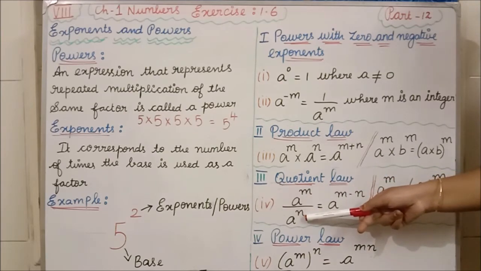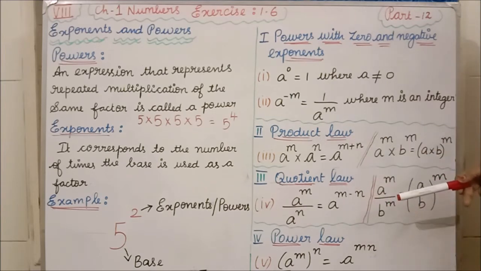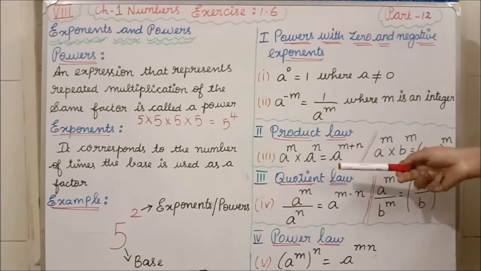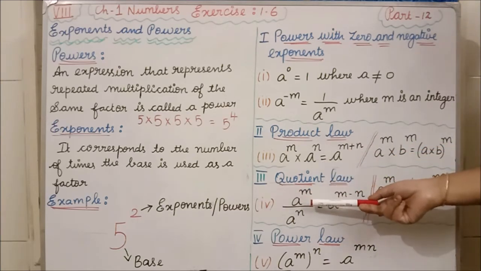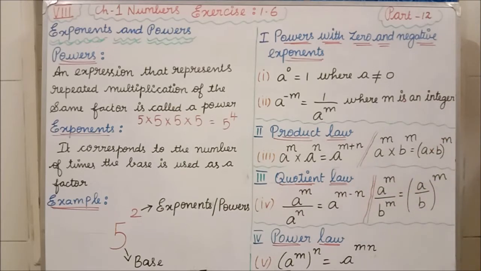Then the denominator power n, if it comes to the numerator, it will become minus n. Clear? So a power m divided by a power n is equal to a power m minus n.